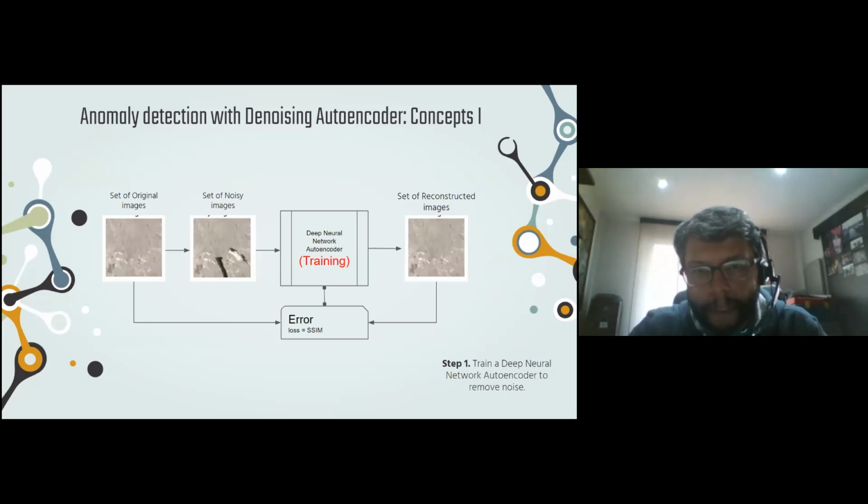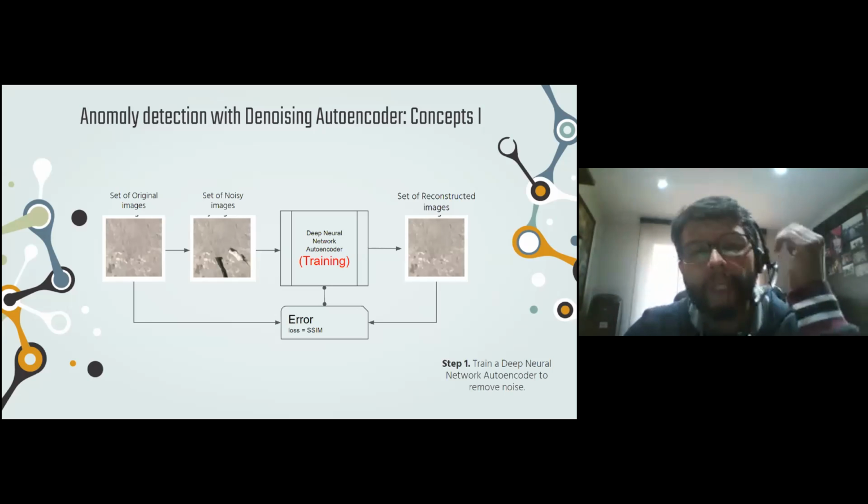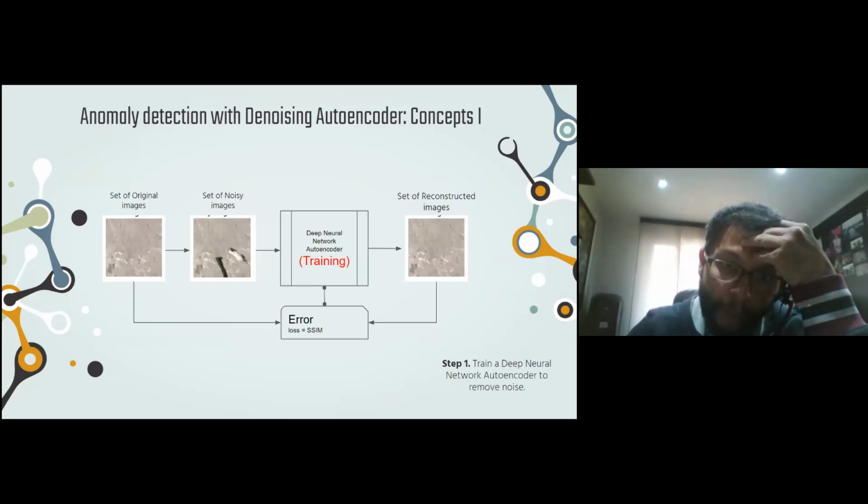Yes, the objective of this autoencoder is to erase the noise, like I am putting in the second image. So as output of this autoencoder, our goal for this part is to have one reconstructed image similar to the original image.